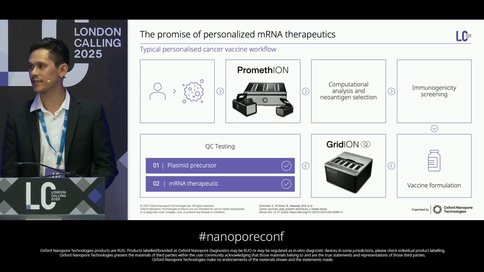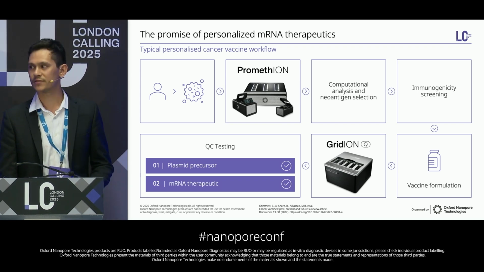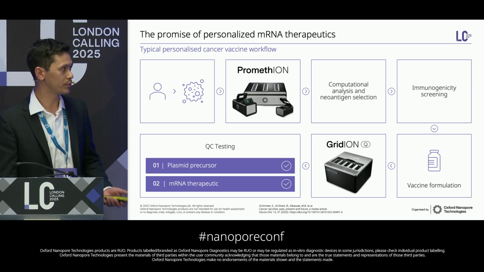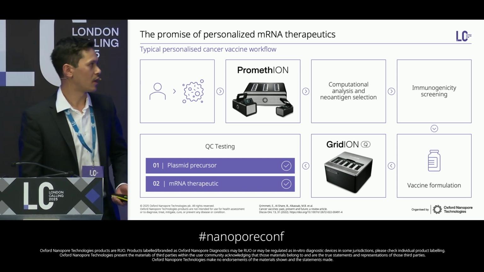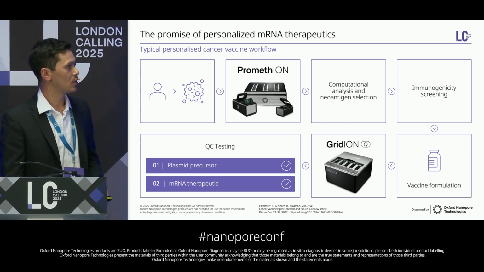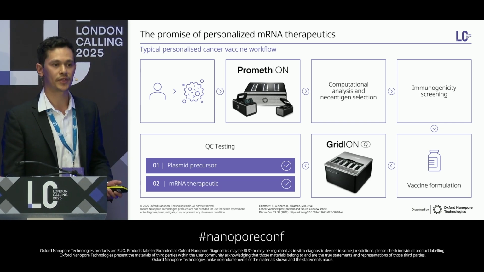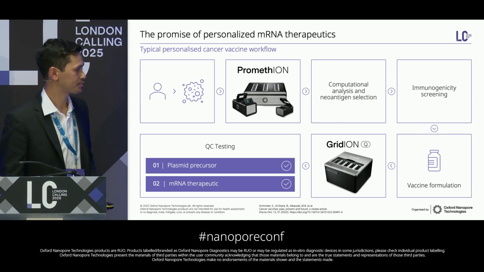Once we select those neoantigens, they undergo immunogenicity screening, where we want to identify the neoantigens that elicit the highest immune response, that will have the best use in the formulation. And then in the bottom, we go to the regulatory phase, where the QC testing is based around, and that is around the mRNA-based formulation itself.